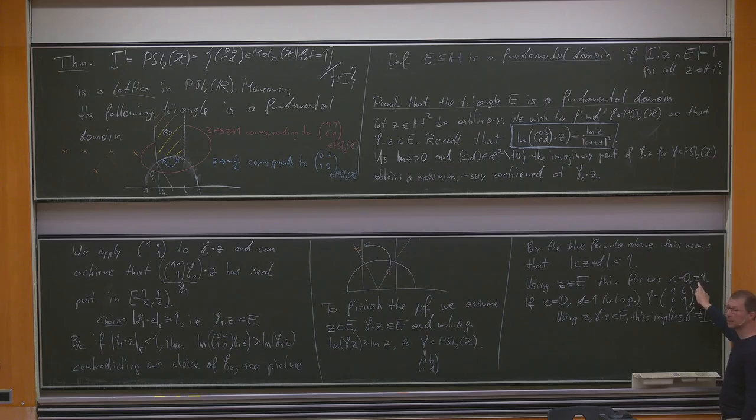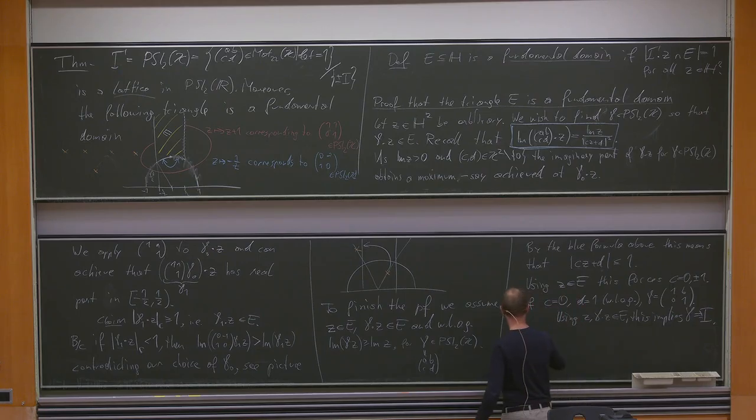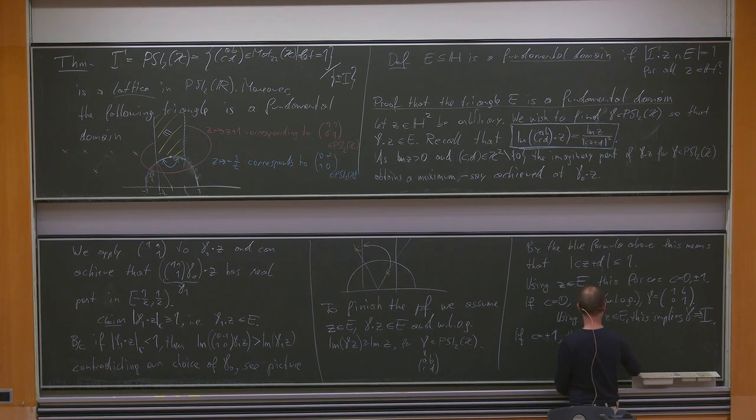Now we treat the case c equals 1. Again, minus 1 doesn't matter because one sign I can always fix. If c is equal to plus 1, I look at this up here. This simplifies now. Then absolute value of z plus an integer is less or equal than 1.